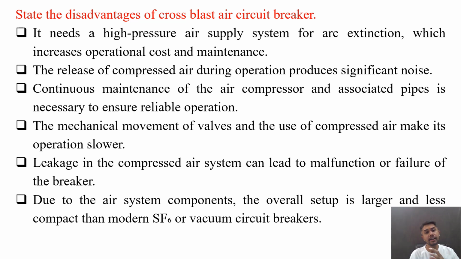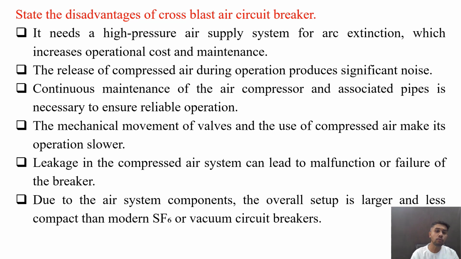So it needs a high pressure air supply system for the arc extinction purposes, which increases the operational cost and maintenance. The release of compressed air during the operation produces a significant amount of noise. Continuous maintenance of the air compressor and associated pipes is necessary to ensure reliable operation.